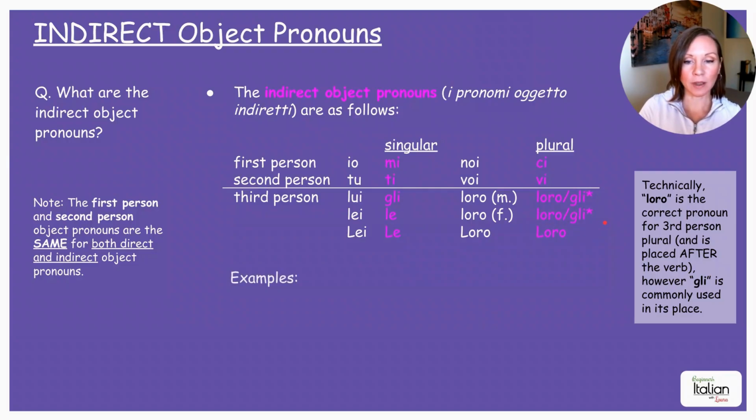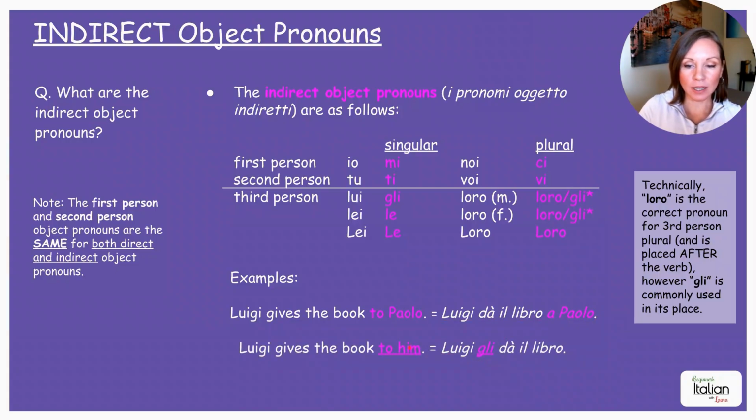For example, we have our example again. So Luigi gives the book to Paolo. Luigi dà il libro a Paolo. Okay, so a Paolo gets replaced by gli in this case. So gli comes before the verb dà. So Luigi gives the book to him.